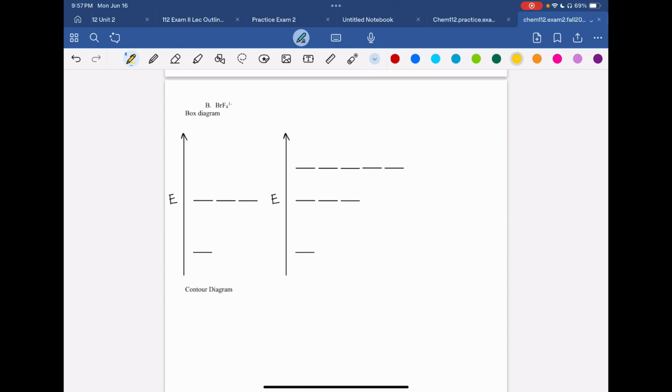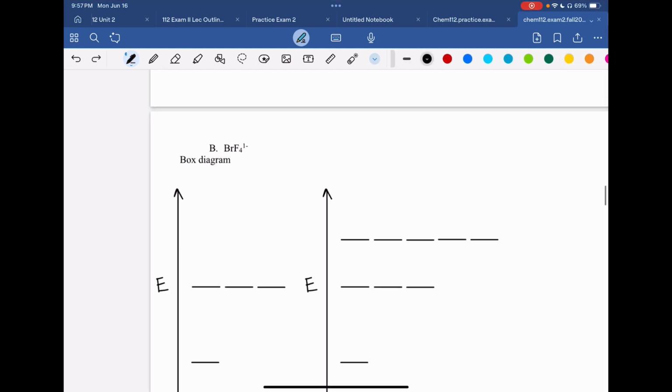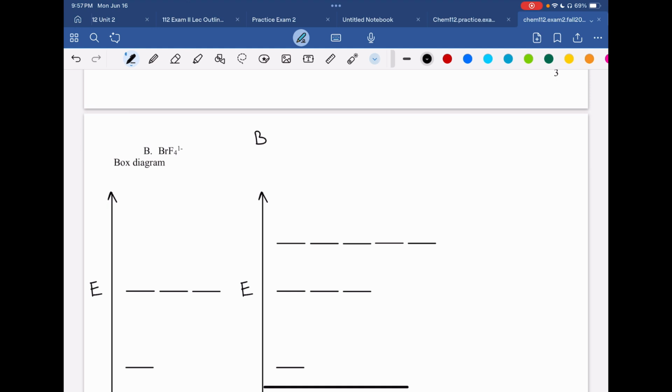So, bromine fluoride ion. Let's start by drawing the Lewis structure. So bromine, middle, connected by 4 fluorines. Okay, you should have counted the valence as 36. We currently have 2, 4, 6, 8.